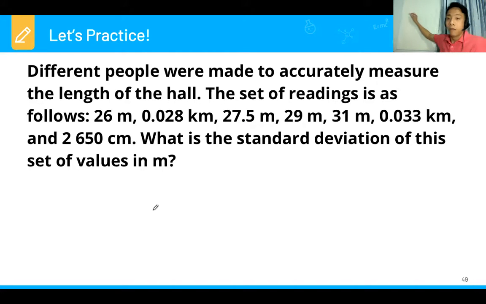Okay. First data we have 26 meters and then 0.028 kilometers, 27.5 meters, 29 meters, 31 meters, 0.033 kilometers, and 2650 centimeters.